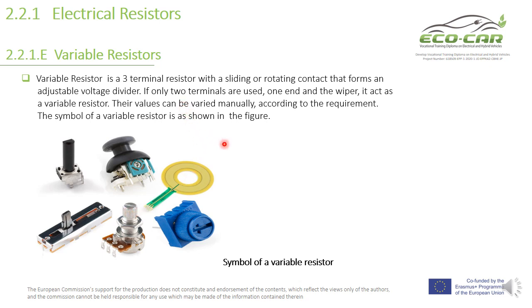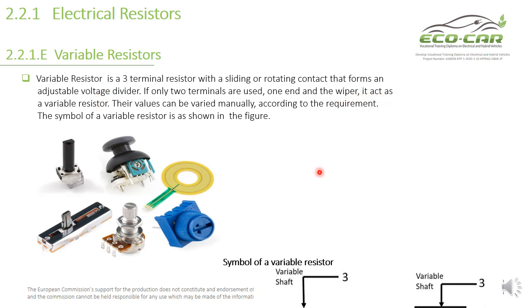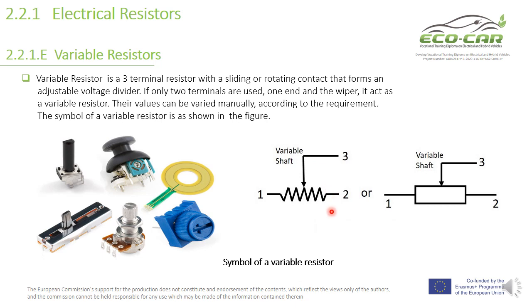If only two terminals are used, one end and the wiper, it acts as a variable resistor, as will be in this symbol of a variable resistor. We have three terminals.